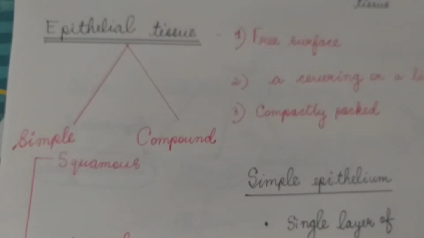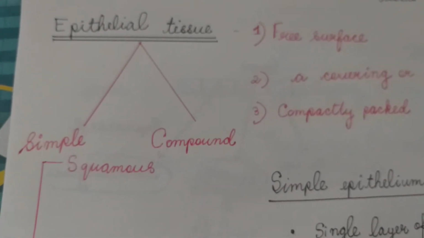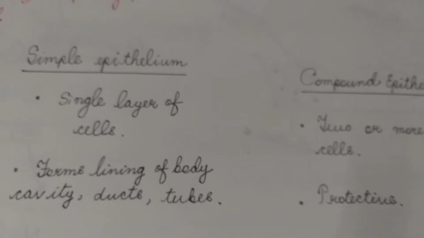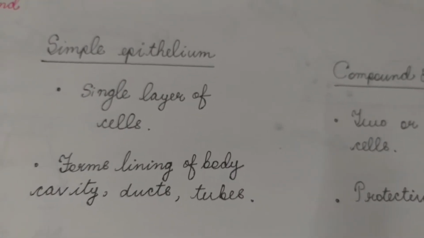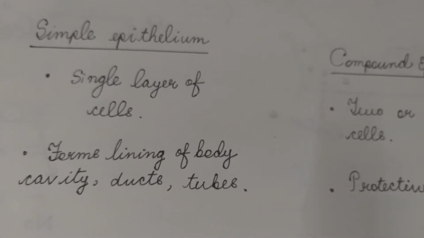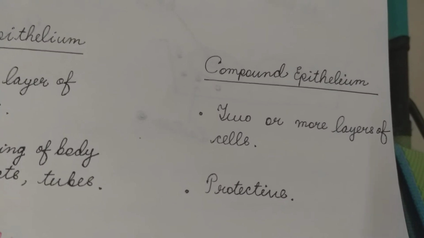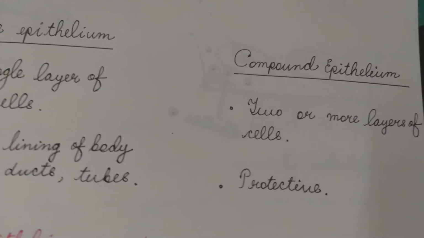Now, epithelial tissue is divided into 2 types: simple epithelium and compound epithelium. If you compare these two, simple epithelium consists of a single layer of cells. Compound epithelium consists of 2 or more layers of cells.